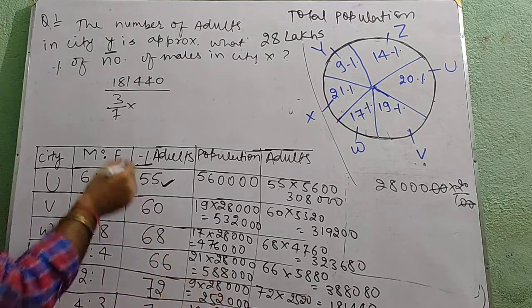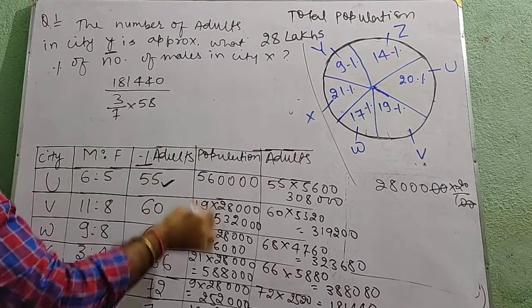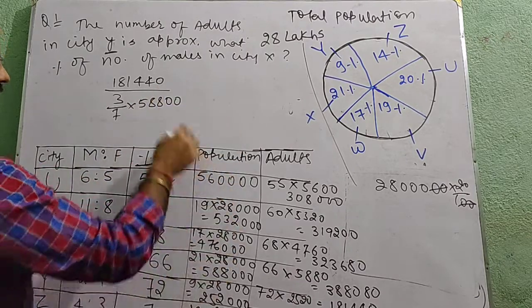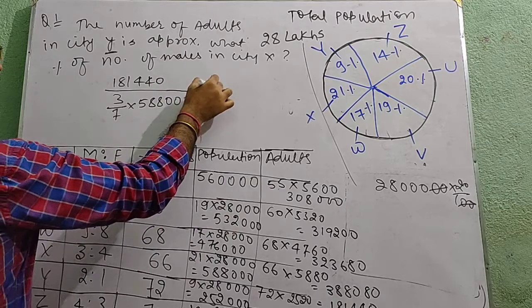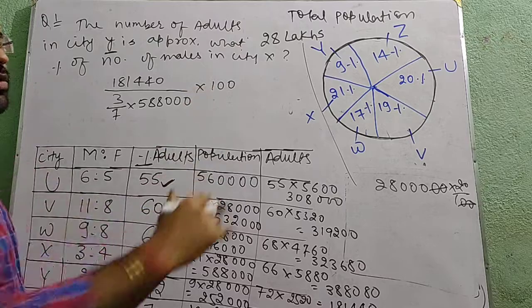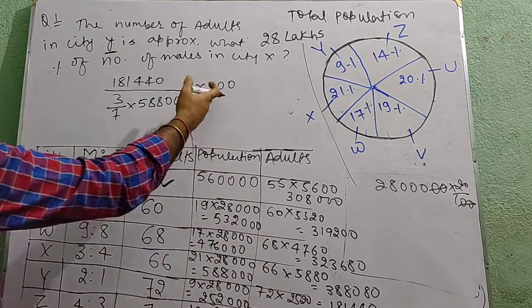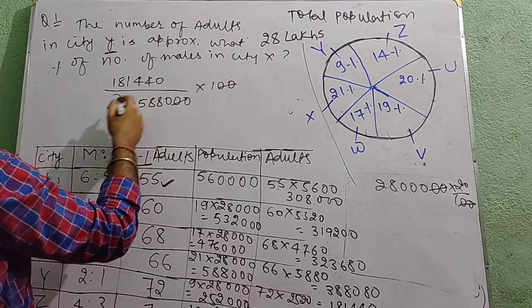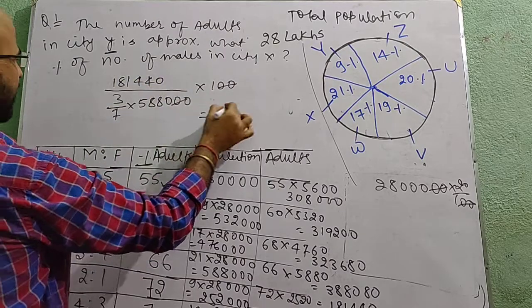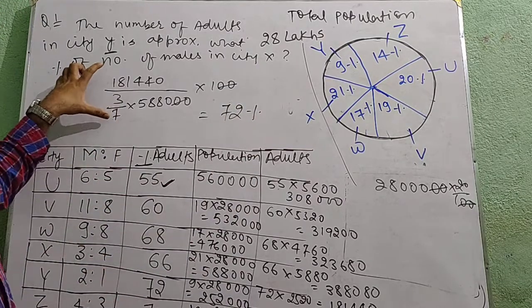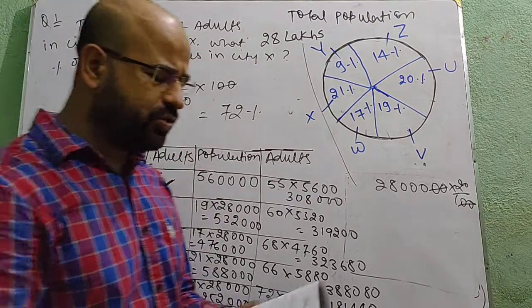That is 58800 into 100. Now for Y I am multiplying with 100, to calculate the value in percentage. Now we will solve this and cancel out. This is how to calculate. The value will be 72%.